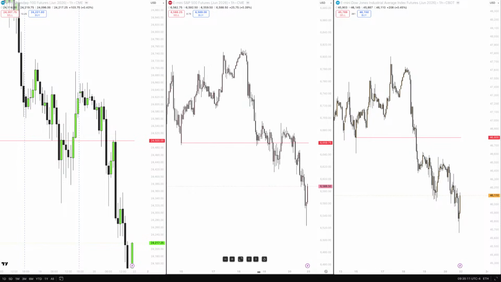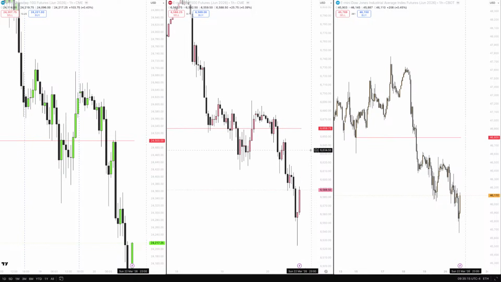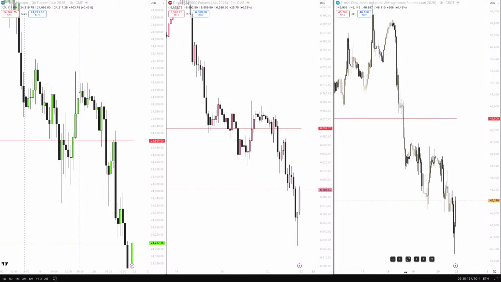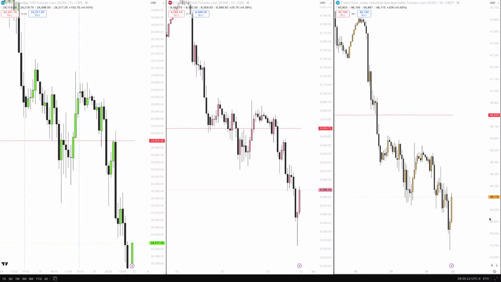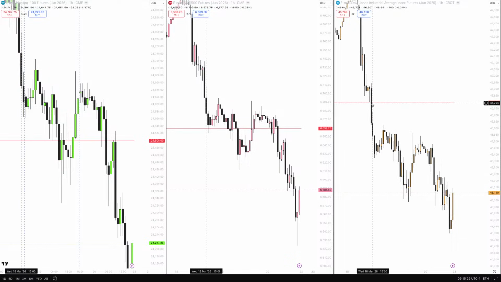And what you can look at here is the correlation of these markets as well. As you can see, this week YM was the weakest, and we saw a displacement below the new week opening on Wednesday, and ES and NQ did not go to the new week opening on Wednesday, but later on in the week.